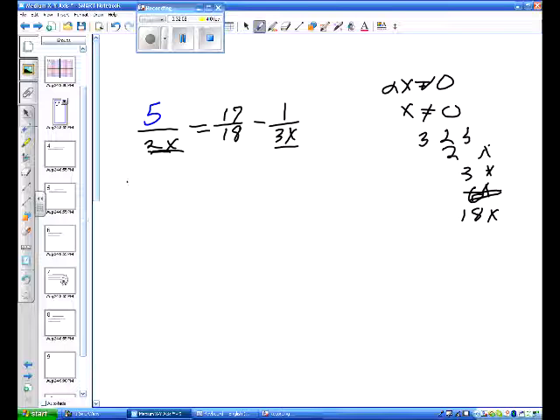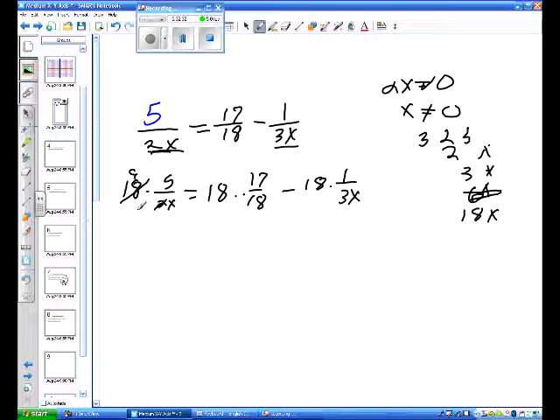So let's go back now. I'm sorry on that. We have 18x times 5 over 2x, 18x times 17 eighteenths minus 18x times 1 over 3x. And I kind of figured that out when I was still going to have a denominator left. So the 2 goes into the 18 9 times. I'm going to get this one right.